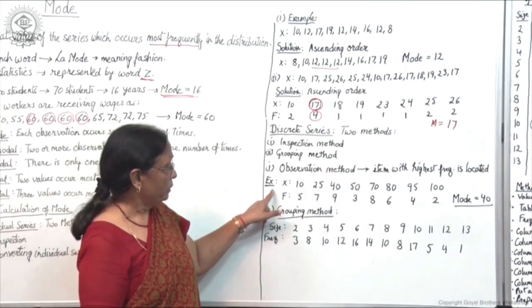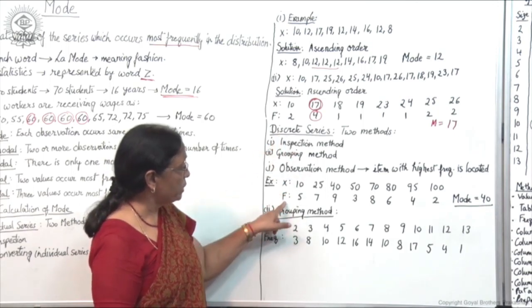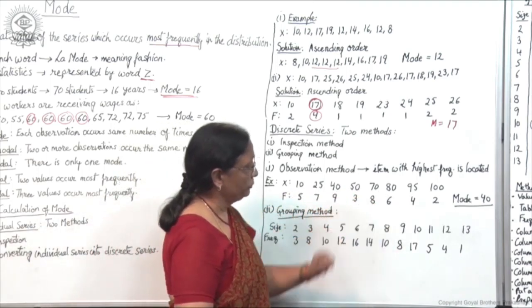For example, here is the data given. Because this is a discrete series, frequency is already given. This is the X column, this is the F column.